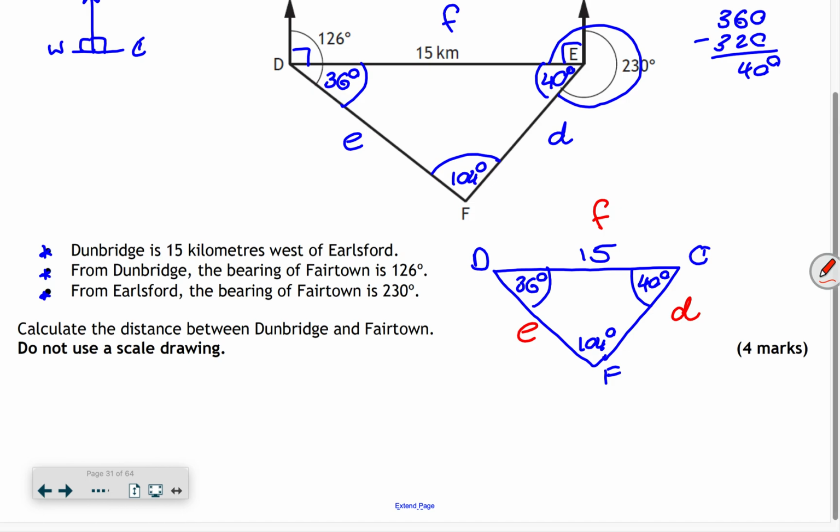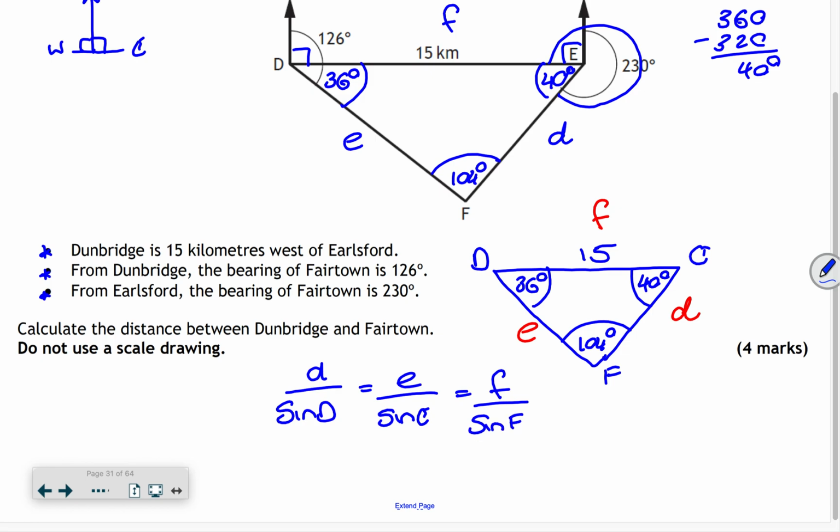Okay, so what are we going to use? Well, we can't use the cosine rule because we don't have the side-side included angle Winston Churchill thing, so it has to be the sine rule that we use. So it's going to be d over sine d is equal to e over sine e is equal to f over sine f.